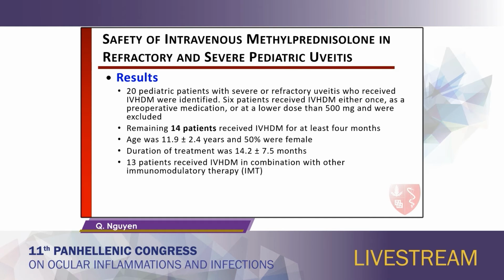The average age was about 12 years, and 50% were female. The duration of treatment was approximately 14 months. 13 patients received intravenous high-dose methylprednisolone in combination with other immunomodulatory therapy. Except for 2 outliers, the dose was 8 to 25 milligrams per kilogram per infusion.